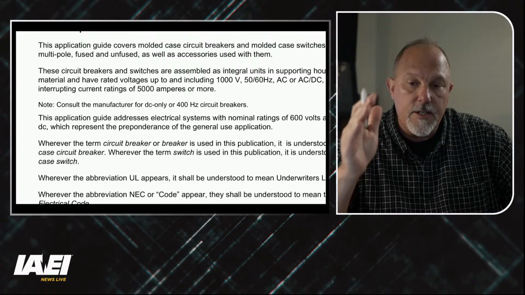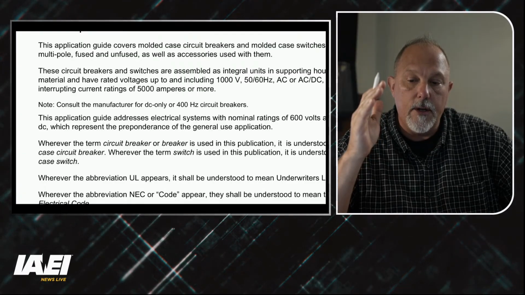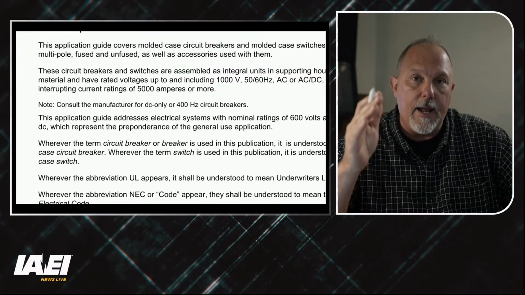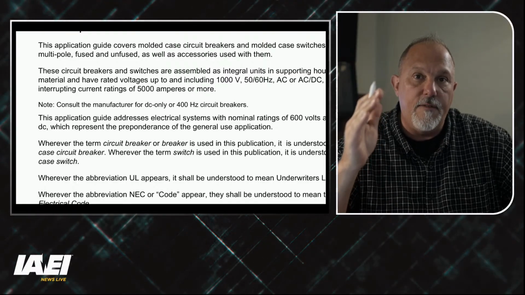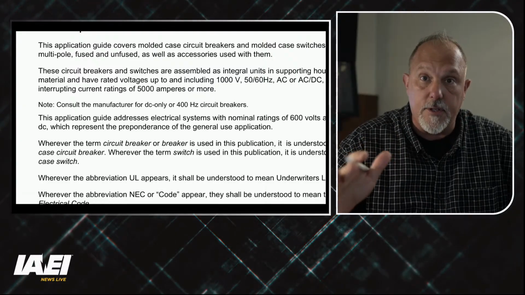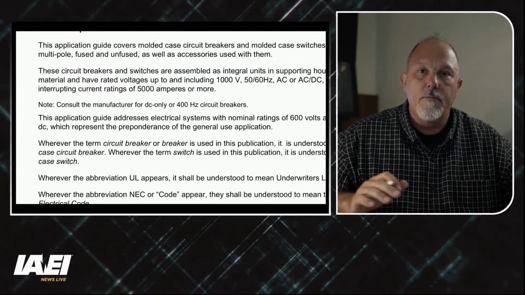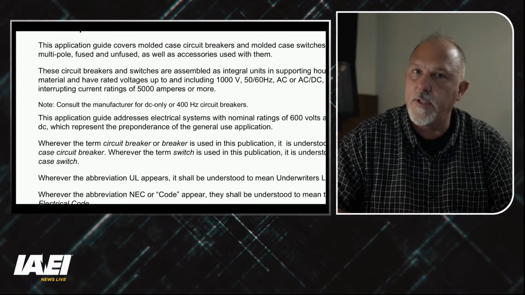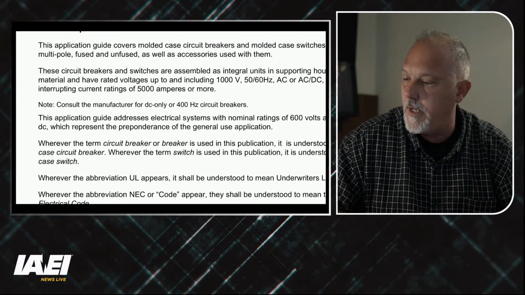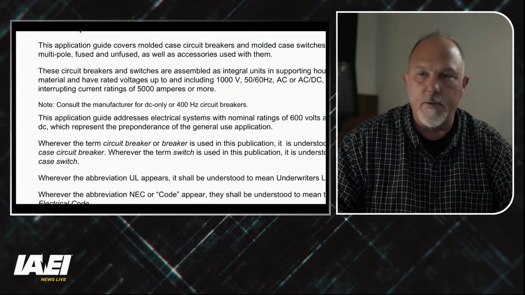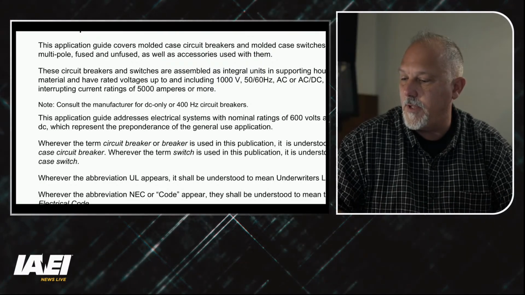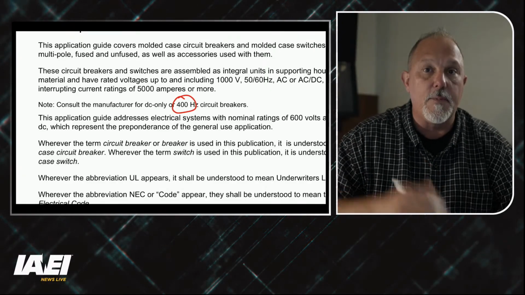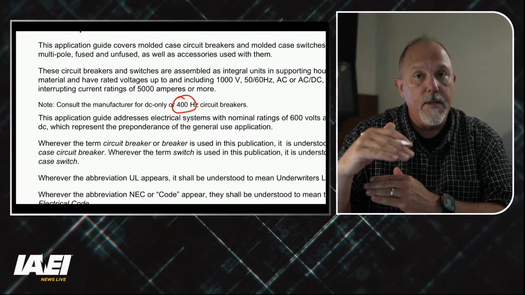Remember, your molded case circuit breakers are typically listed and evaluated for 50, 60 hertz. 50 hertz for our close brethren in other countries, 60 hertz here in the Americas and U.S. and similar areas around the U.S. But 400 hertz presents a challenge because of the higher frequencies.